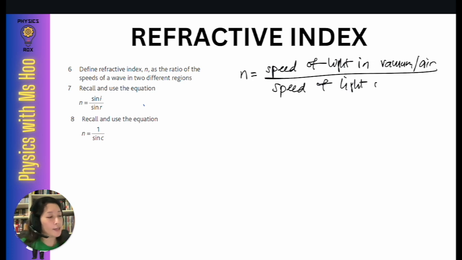Now for IGCSE, we always compare the medium to air. If you go on to A levels, you could be comparing 2 different media, like for example, glass against water or diamond against glass, but in IGCSE, it's always compared against air.